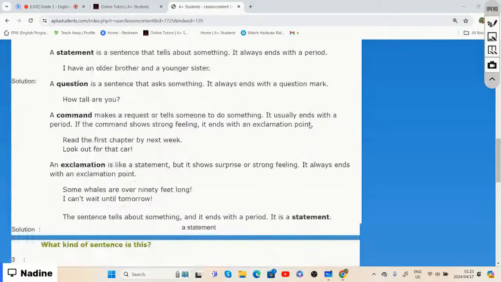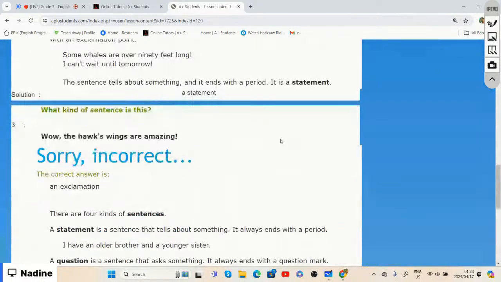All right. Then it says, wow, that hawk's wings are amazing. And it ends with an exclamation point. So, wow, the hawk's wings are amazing.